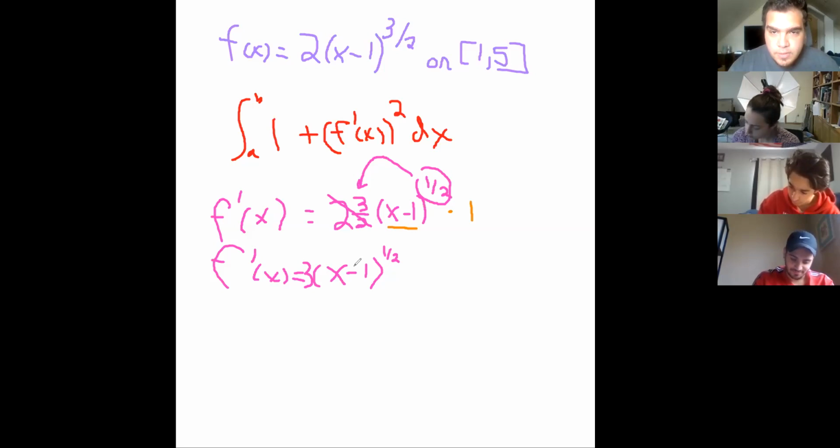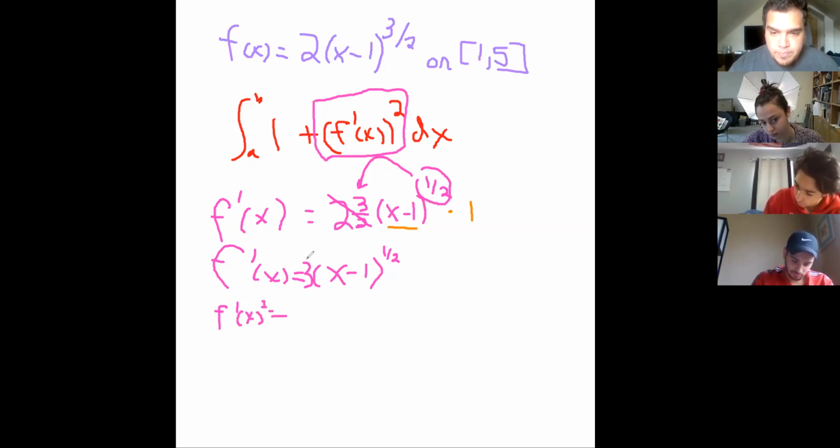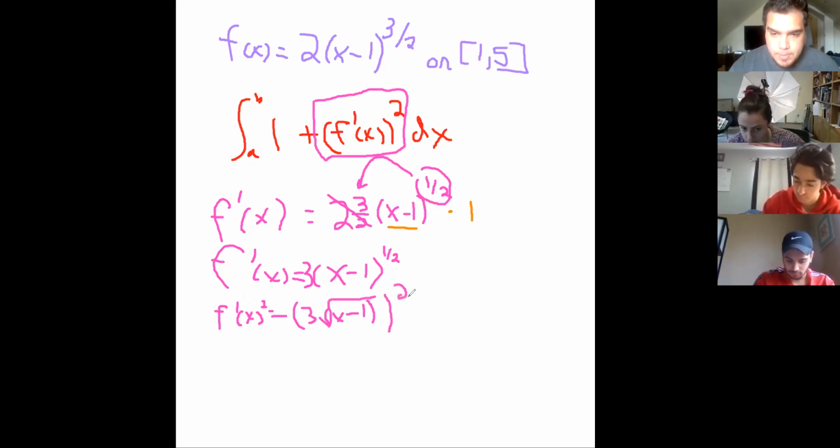But remember, in the equation we need the square of this thing. So we actually want to know what f prime squared is. That means I'm going to square everything here. Thankfully, they're multiplied together, not added or subtracted, so we can just distribute the square. 3 squared is 9, and the square root of x minus 1, squared, is just x minus 1.